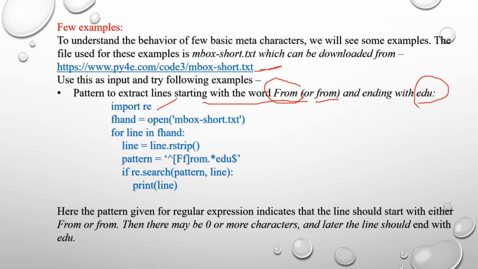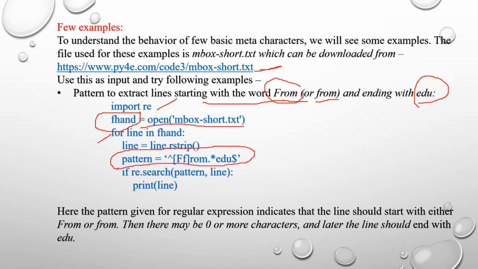First we have to import the regular expression module. After that we have to open the file. The file name is mbox-short.txt, and I name the file variable fn, and this is my iteration, and this is my pattern.